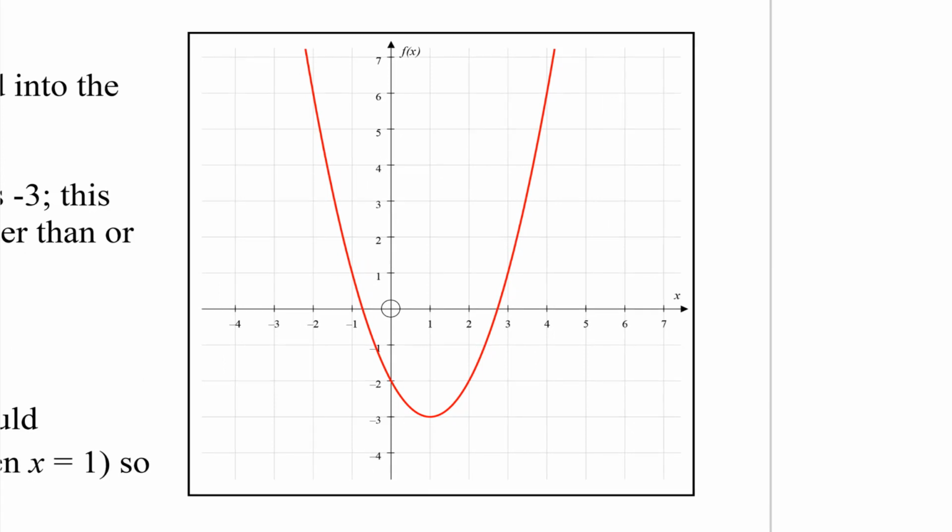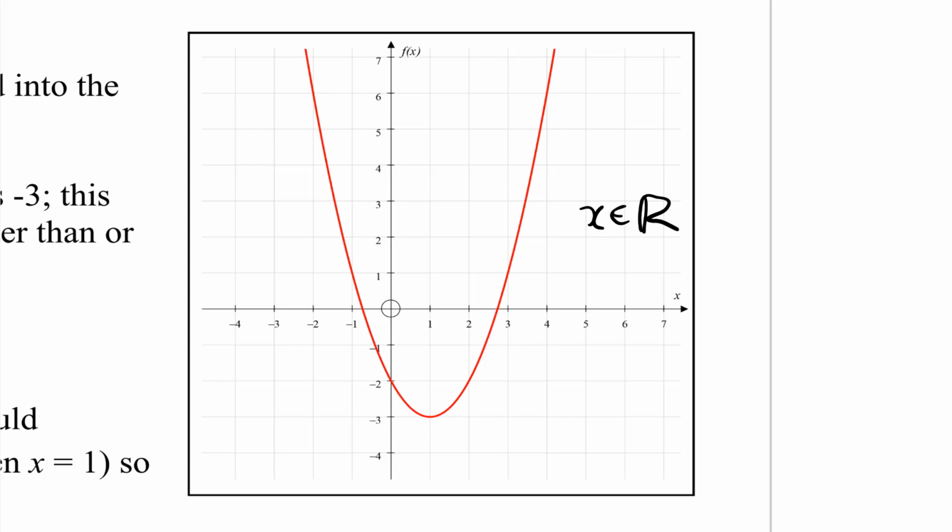So firstly, the domain. We could have any x value. I know this stops just after 4, but this graph goes on forever. So we could have any x value in this function and it would work fine. So we'd say x is an element of the real numbers. That's the domain of this function. But you can see that there's a restriction on the range.